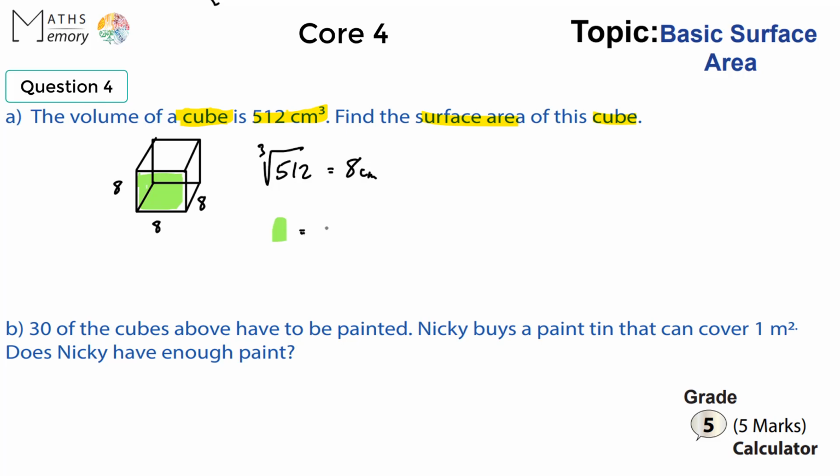A square is simply 8 times 8, 64. If the area of one square is 64, 6 faces would be 64 times 6 to give us an answer of 384 centimeters squared.